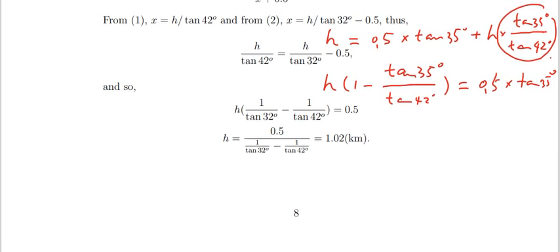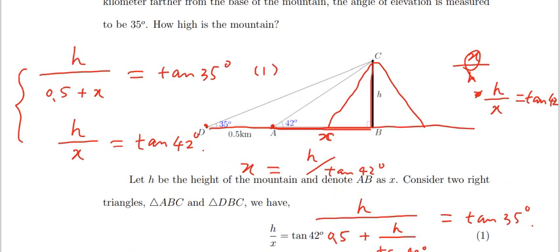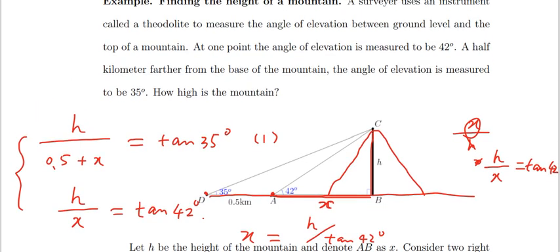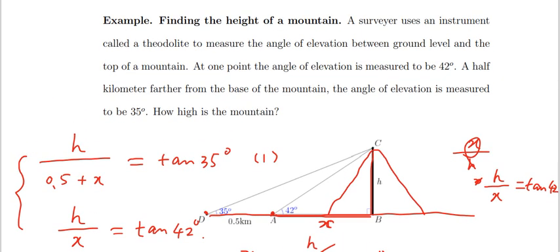So for this kind of problem, it seems a little bit tough because it involves two right triangles. From the two right triangles, we use this ratio and that ratio, so we get two equations.